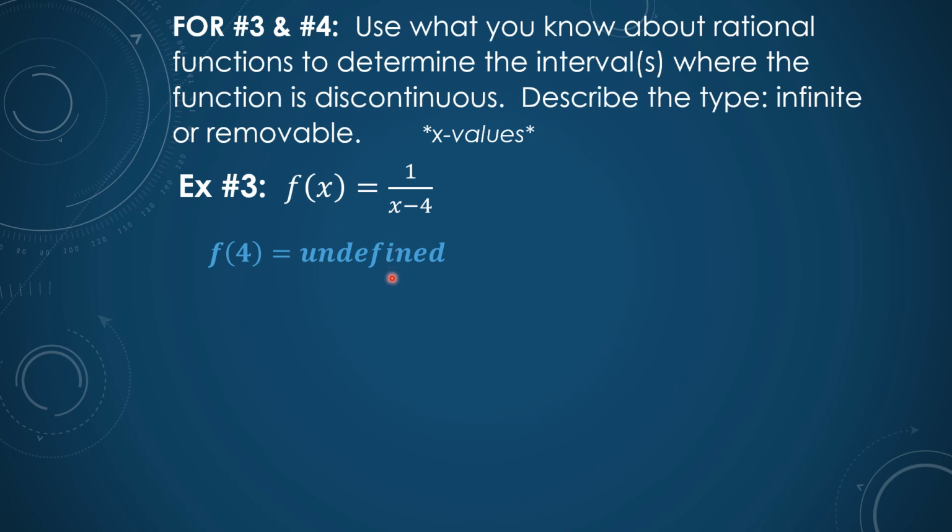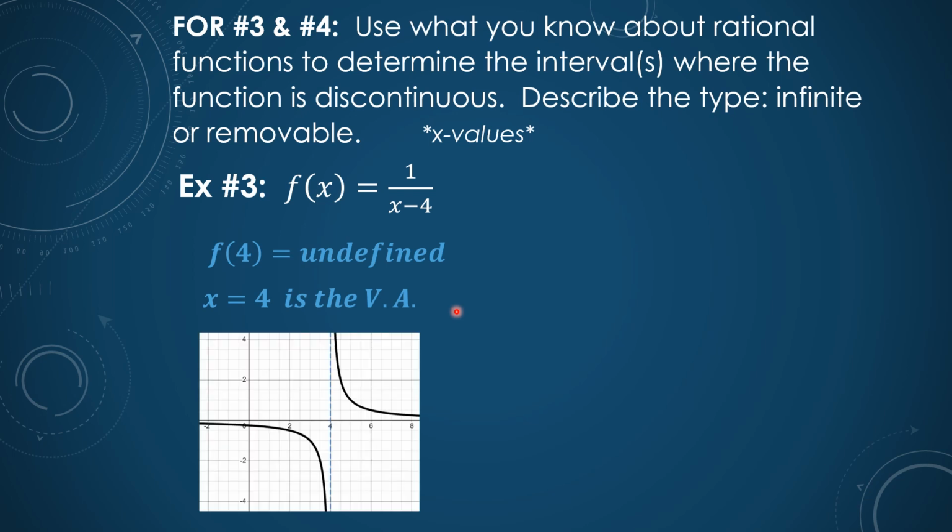Okay, so remember, in order for the function to be continuous, I have to evaluate it and get a point that's part of the function. In this case, at x equaling 4, it's undefined. And again, x equaling 4 is the vertical asymptote. So that's a rough sketch, thank you Desmos, of what the graph would look like.